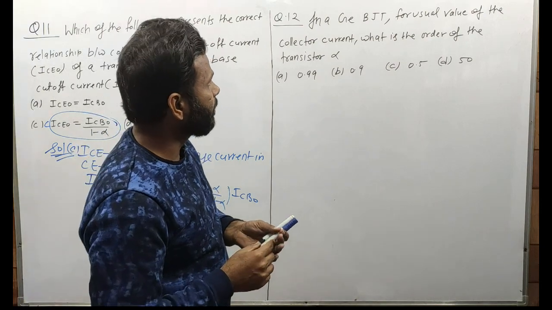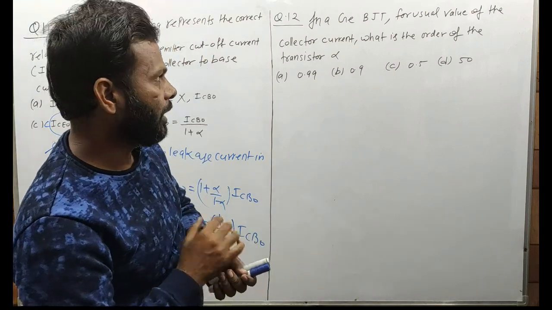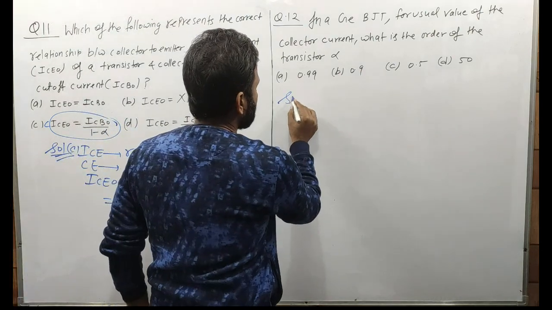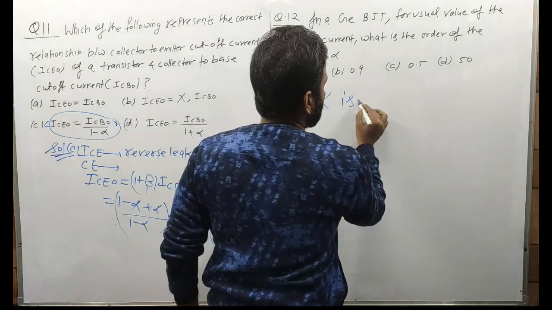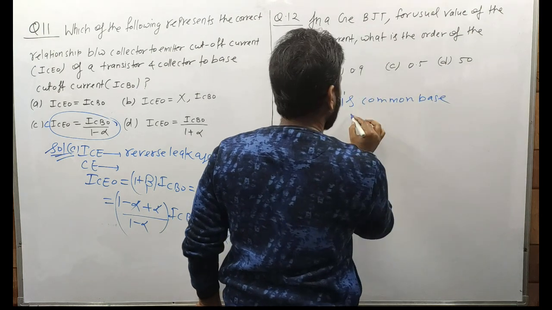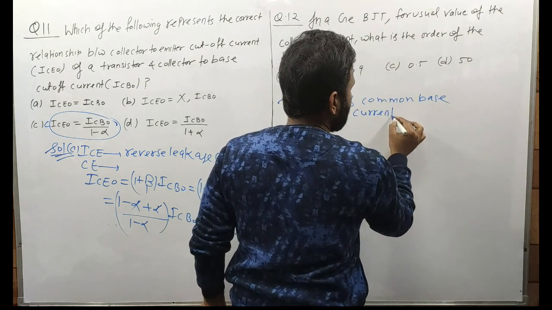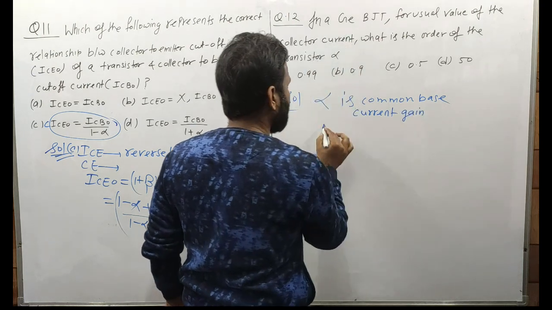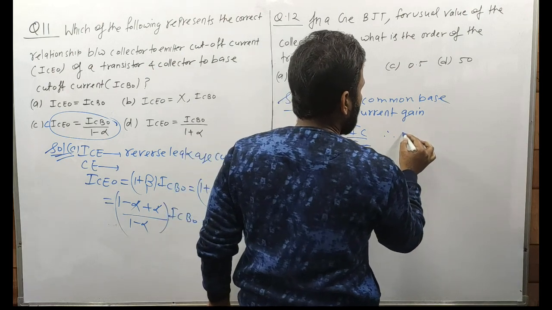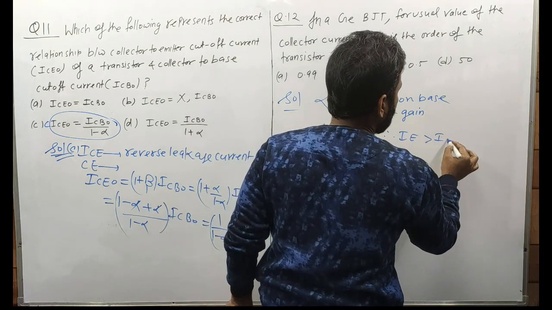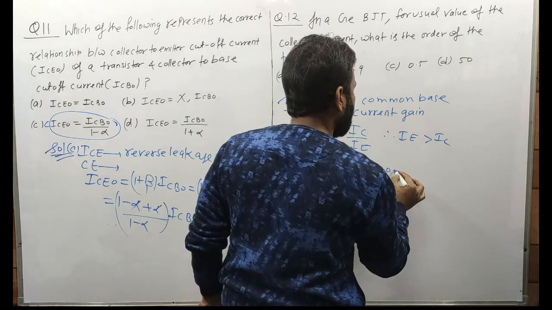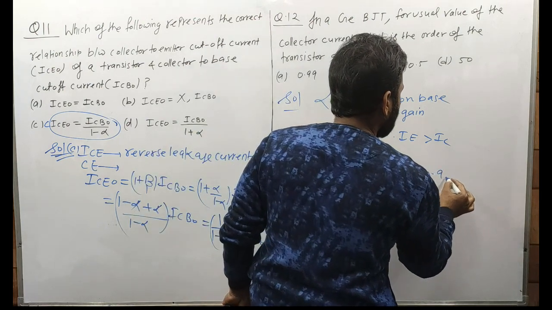The next question is: in a germanium BJT, for usual values of the collector current, what is the order of the transistor alpha? Now the alpha is the common base current gain, where alpha is defined as the ratio of IC upon IE. Since IE is greater than IC, that's why alpha is less than 1, and the range of alpha is 0.95 to 0.98.